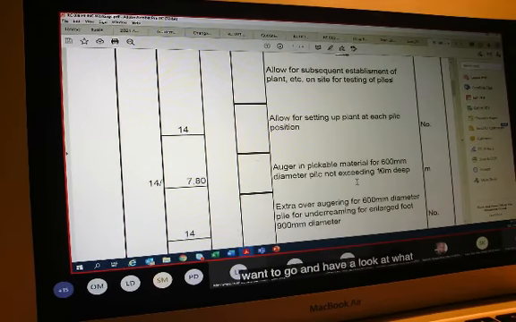So when we look at the piles, I want to go a little further and have a look at what the standard system says about this particular excavation in the form of a pile.